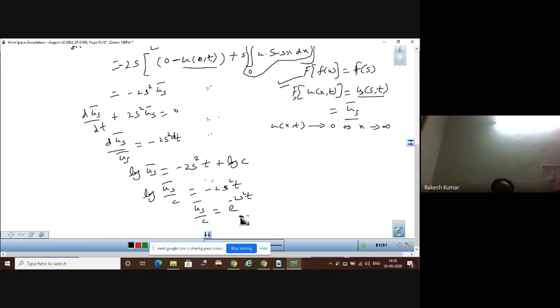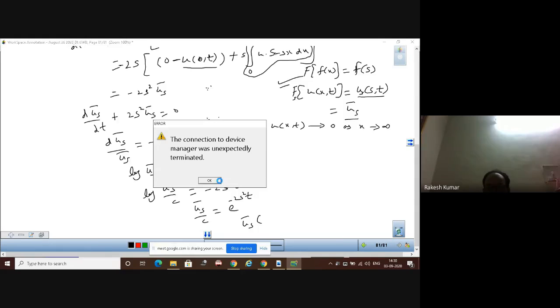So ultimately, u s bar is clearly a function of parameter s and t.